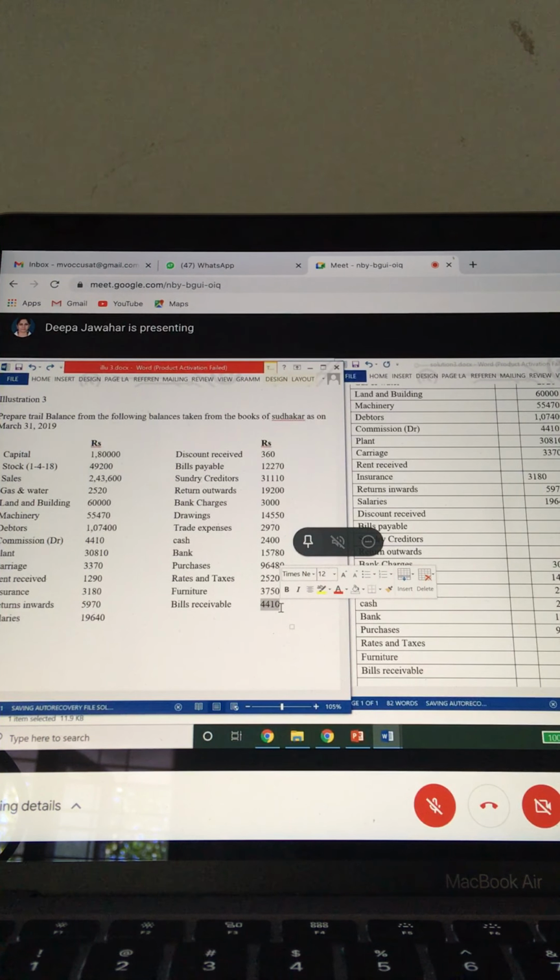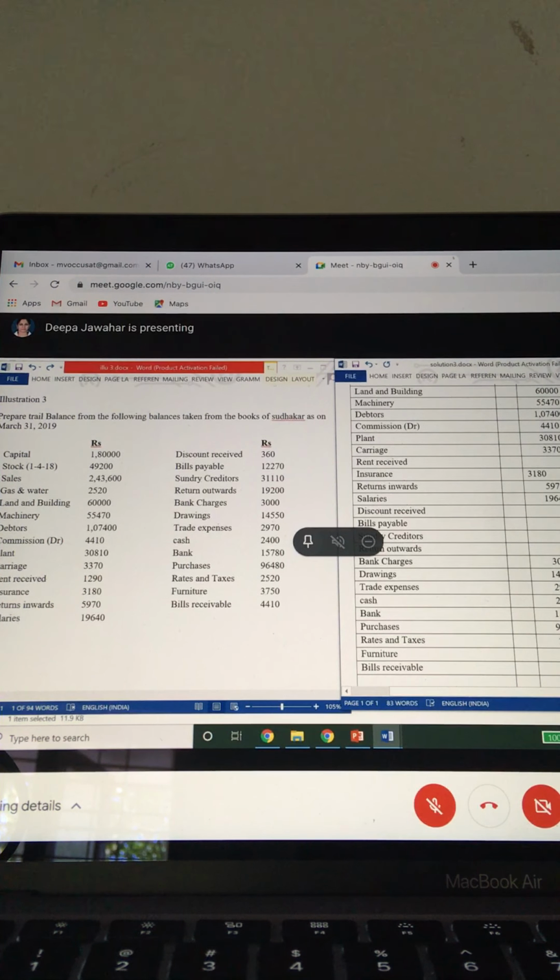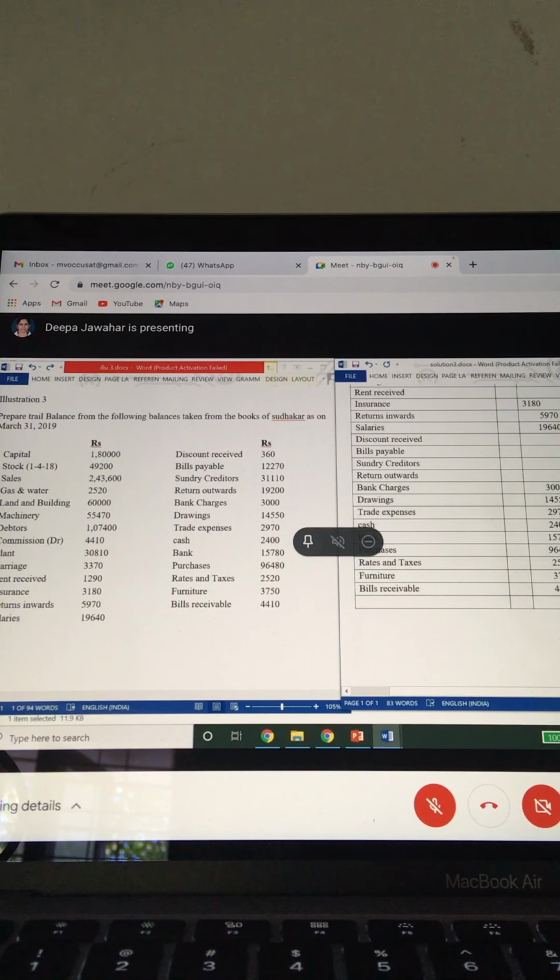Because company has the right to receive that amount. Company will receive that amount in the future. Receivable. കിട്ടാനുണ്ട്. Okay. അത്ര amount receivable ആണ് കമ്പനിക്ക്. Which means debit. Asset ആണ്. Bills receivable is an asset.